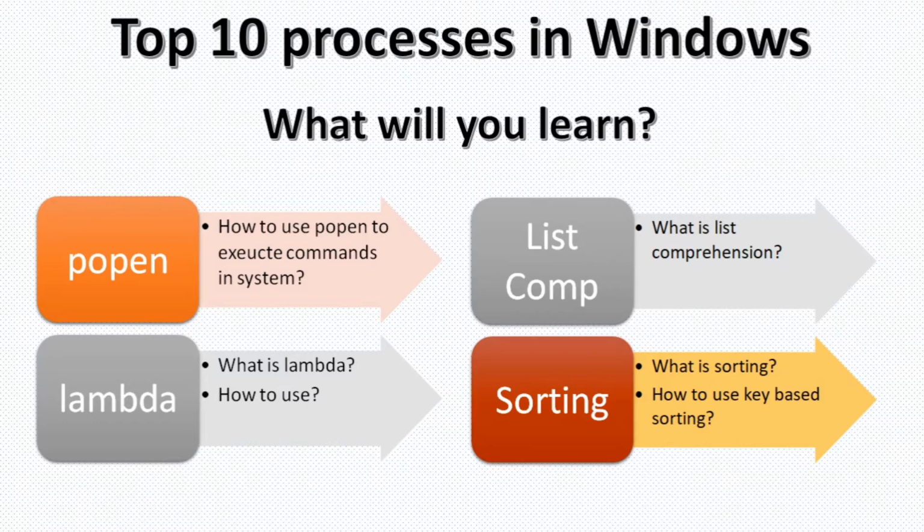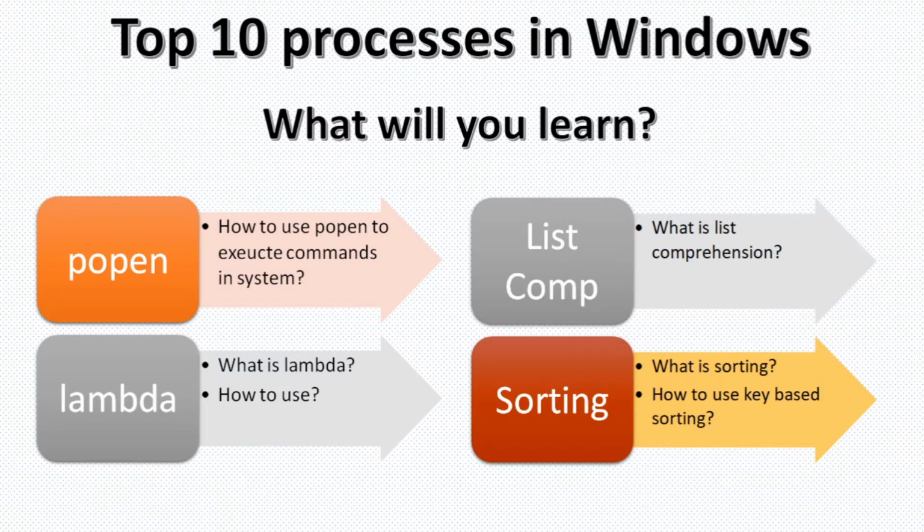So first one, Popen. This is from the subprocess module. It will help us to execute any system level commands, or it will help us to open a new process. So we are going to see how to utilize this for getting the top process list.